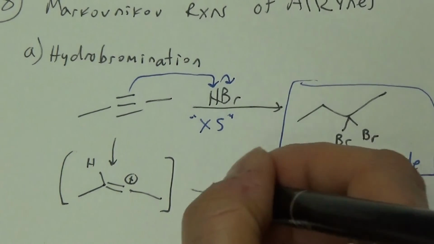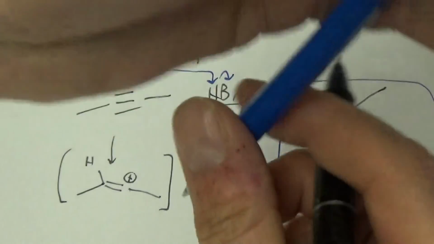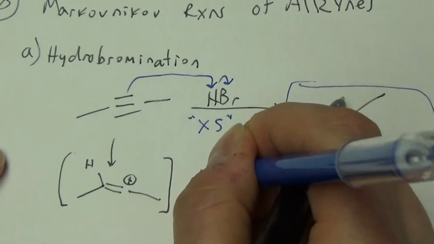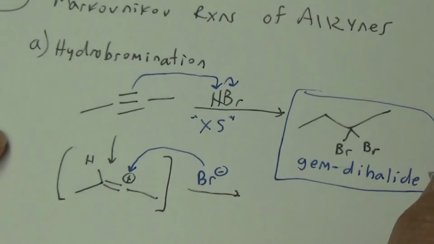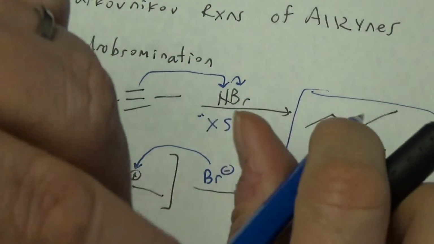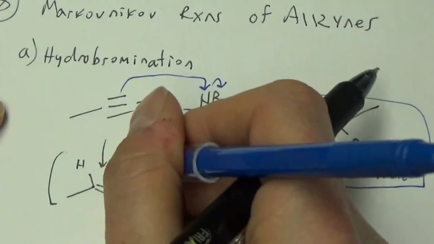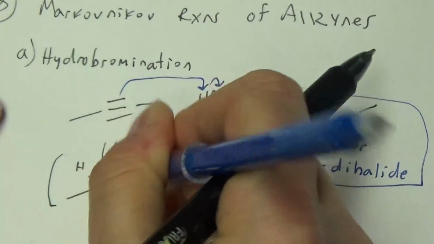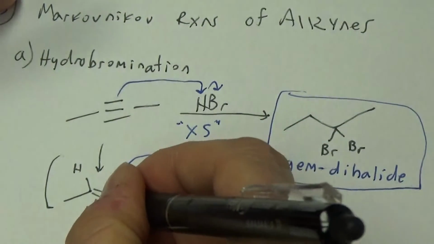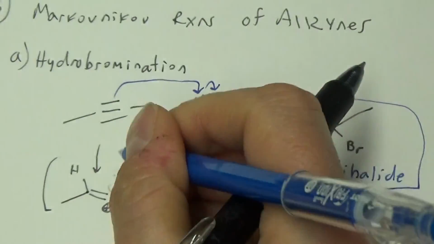Okay. Now what is Br minus going to do to the carbocation? It's going to attack the carbocation, right? It might be better if I draw the carbocation on the bottom. No big deal. That looks a little better, right?